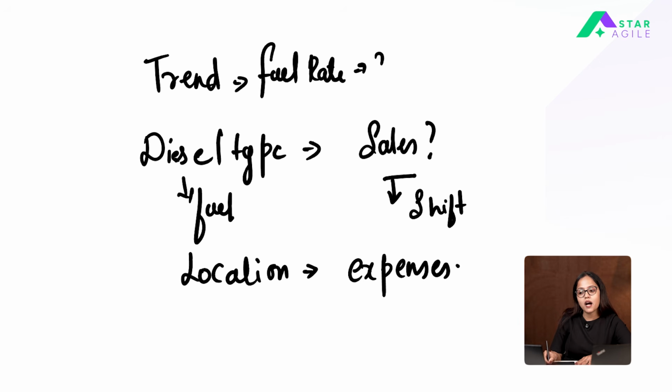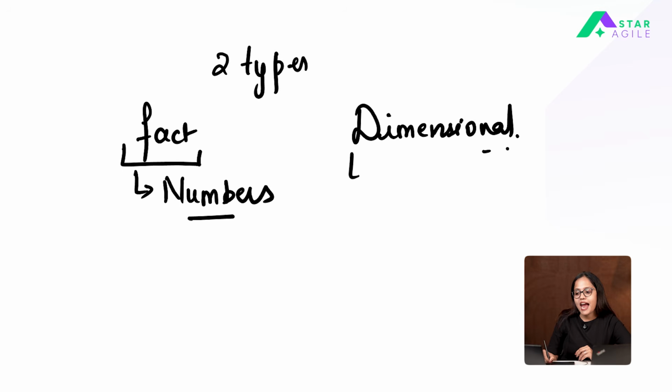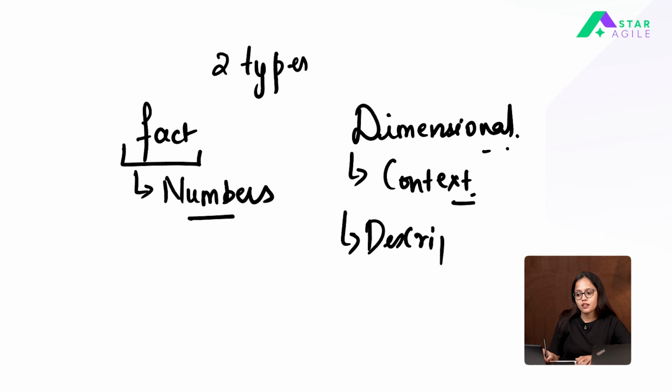So in order to answer these questions, I need to have context, which is why a dimension table adds context to the information that is present in the fact table. Fact tables are called quantitative tables and dimension tables are called qualitative tables. This contains the description. So consider this simple example, guys.